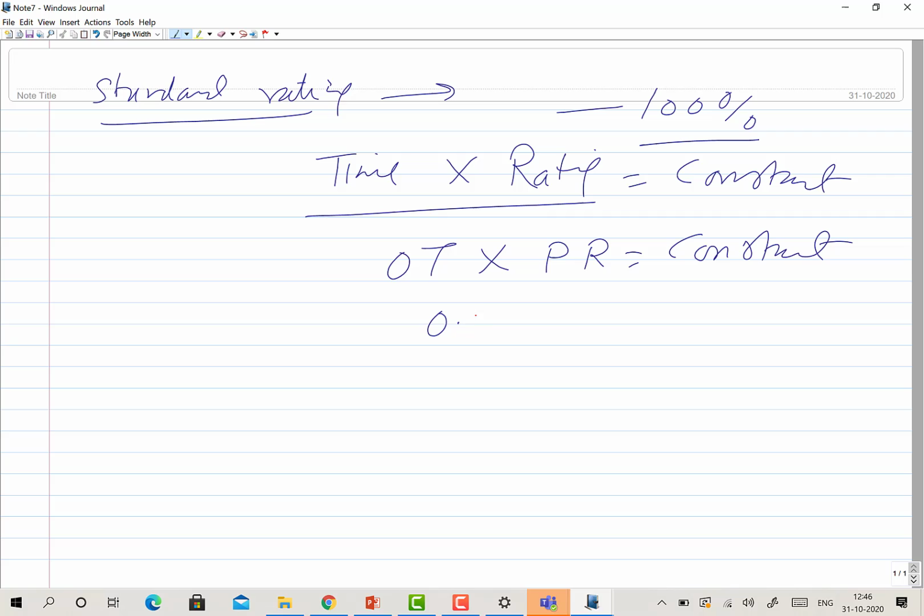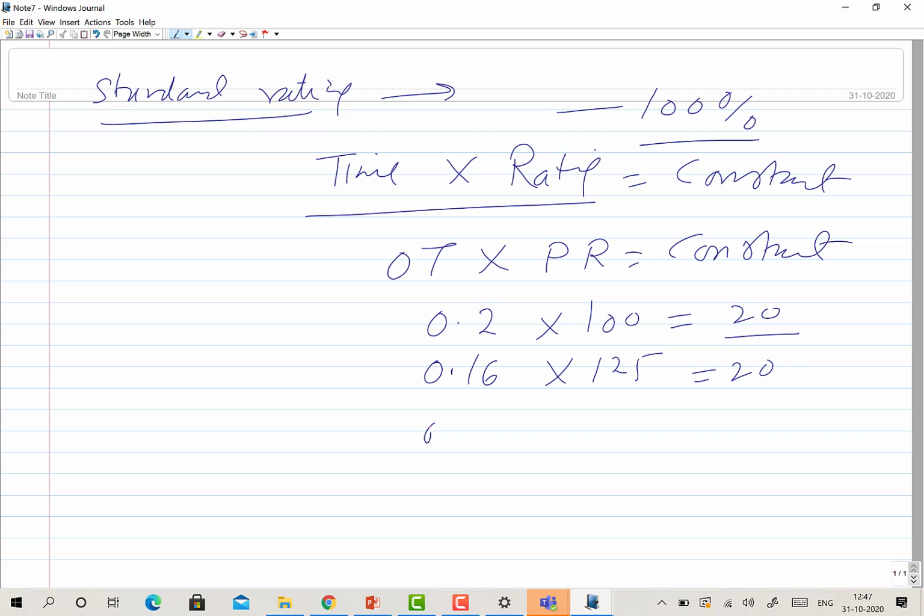Say someone takes 0.2 minutes to complete a job and is rated as 100% as per the standard performance, so the value is coming 20. Those who are taking lesser time, say 0.16 minutes, must be rated 125 performance, and then it will again be constant 20.